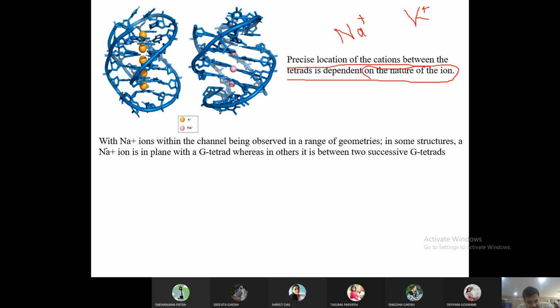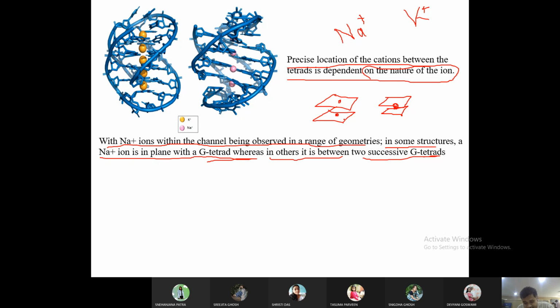With sodium, the ions within the channel are observed in a range of geometries: in some structures a sodium ion is in the plane of the G quadruplex, whereas in other structures it is between two successive quadruplex planes, somewhere here.